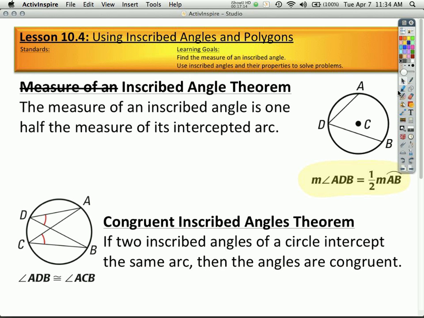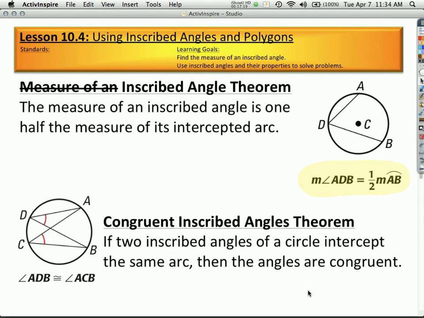Any questions? Good. The second theorem is the congruent inscribed angles theorem. If you have two inscribed angles that have the same intercepted arc, then the two angles must be congruent to each other.